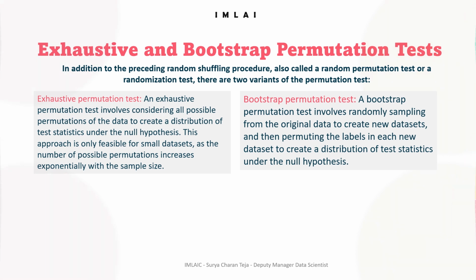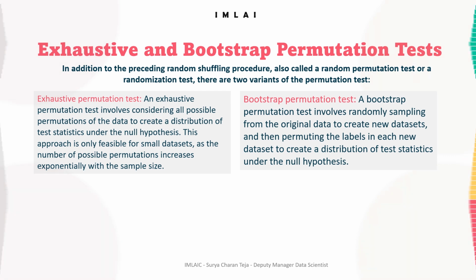This approach is only feasible for small data sets as the number of possible permutations increases exponentially with the sample size. However, when it is possible to consider all possible permutations, the exhaustive permutation test provides an exact test with guaranteed type 1 error control.